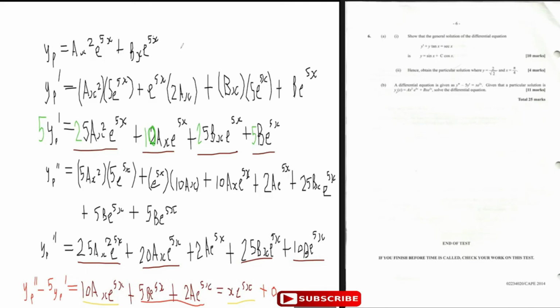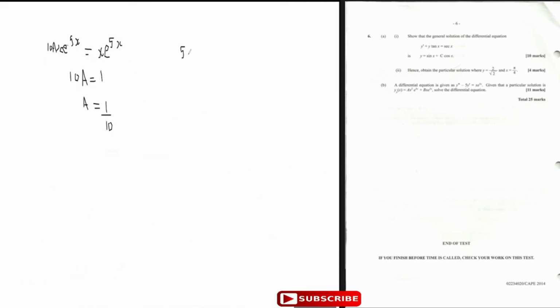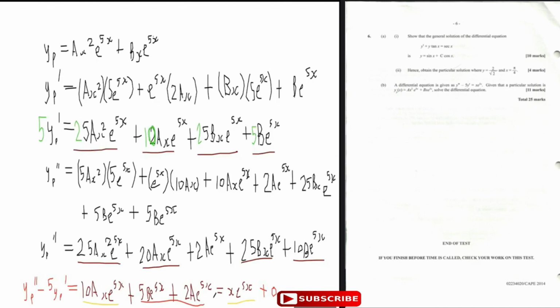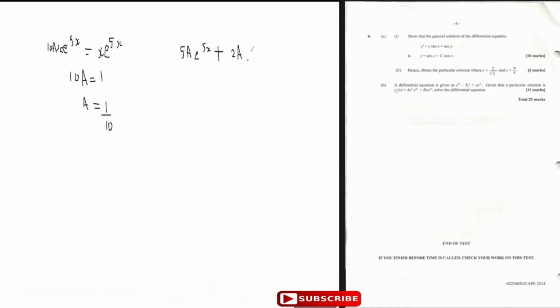That's the second equation. 5b e to the 5x plus 2a e to the 5x. This is supposed to be b. Change that to b.